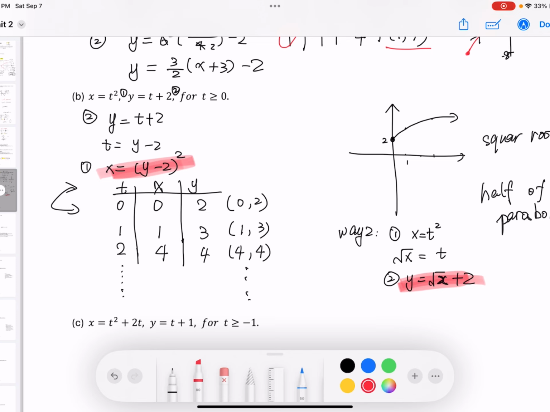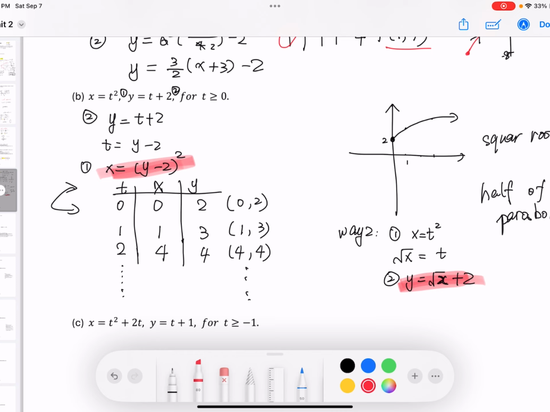And if we add 2, we did a vertical shift, moving up 2 units. So if you give me either one of these expressions, you get full credit in your exam. You can say this is a square root function or the half parabola.